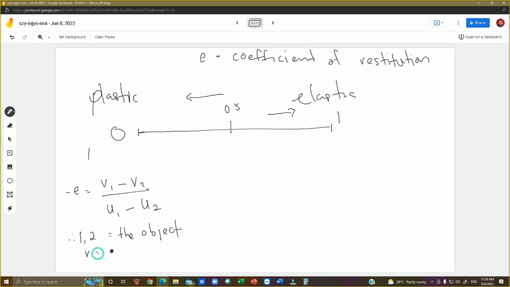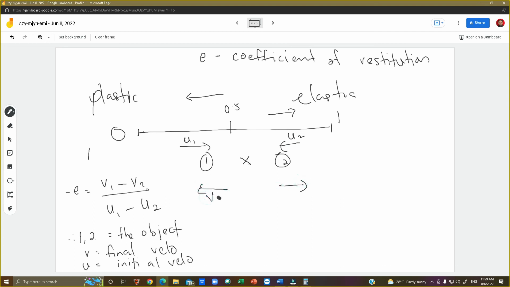V is the final velocity and U is the initial velocity. So this is object 1, this is object 2. This is U1, this is U2. And then when collision occurs, they go different. So this is V1, this is V2.